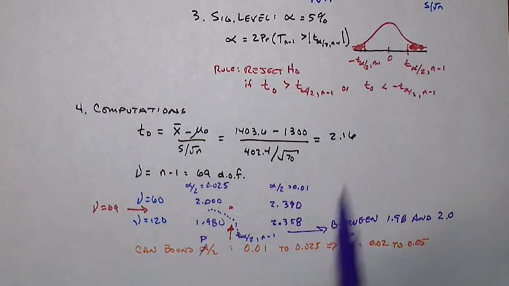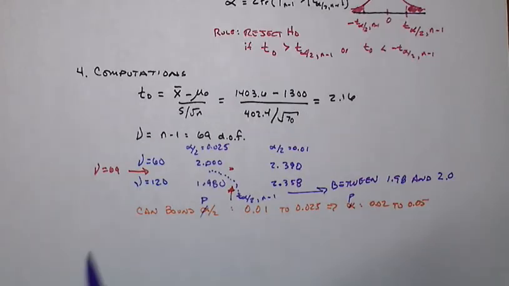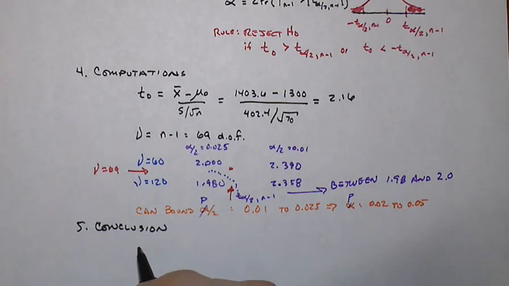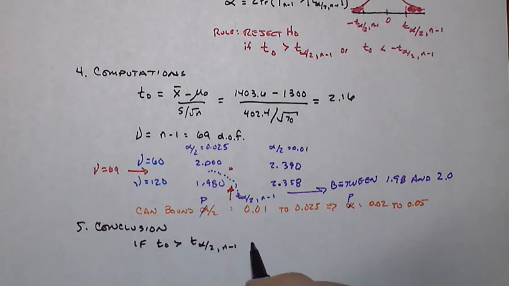We had the rejection rule set up here, and we said that if our t naught is greater than t alpha over 2, n minus 1, right? And so what do we have? We have 2.16 is greater than, at most, 2.0 as a bound for our specific situation.